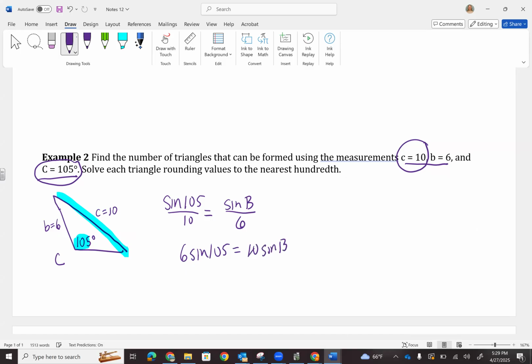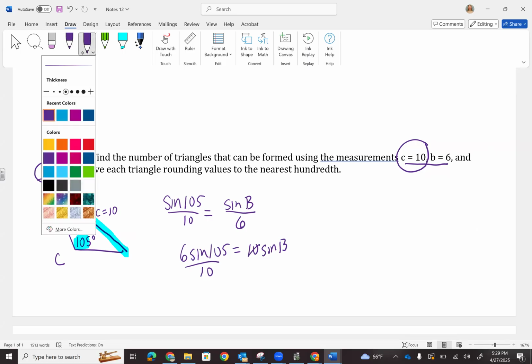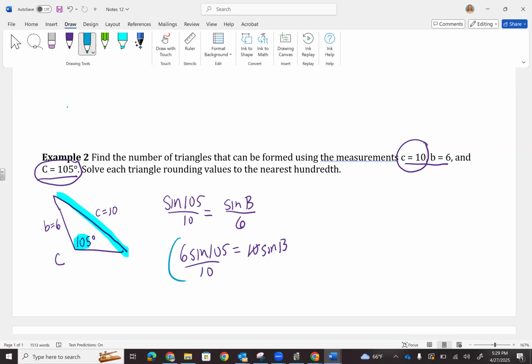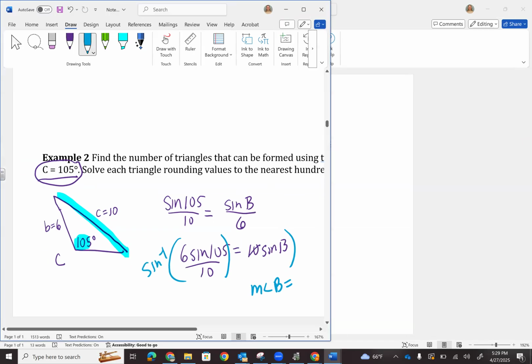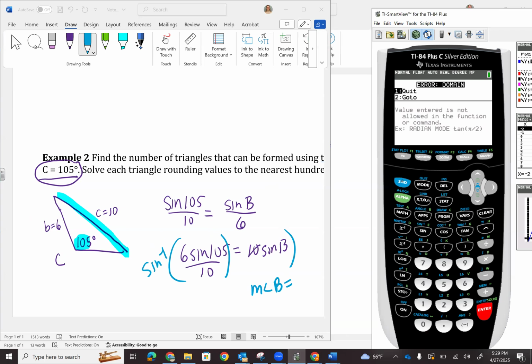Divide both sides by 10. And then to get rid of the word sine, you're going to do the inverse sine of both sides. And so the measure of angle B will equal basically the other side of the equation. I can take out my calculator if I still have it open. Second quit. Okay, we're going to do second sine.